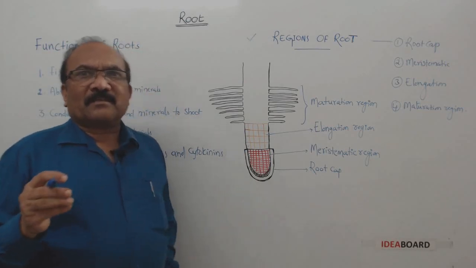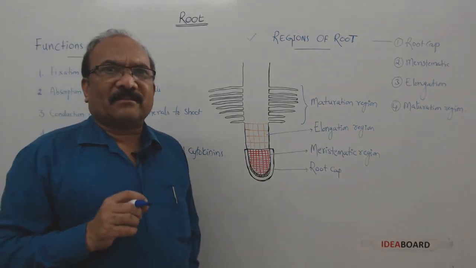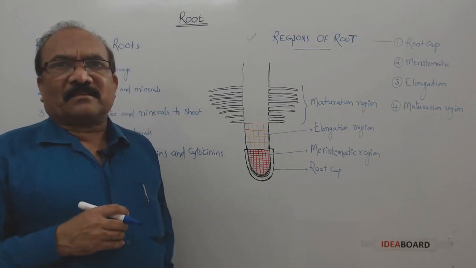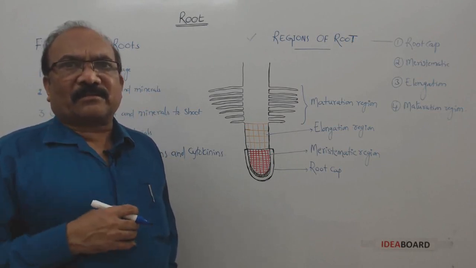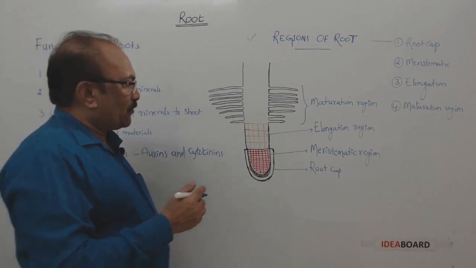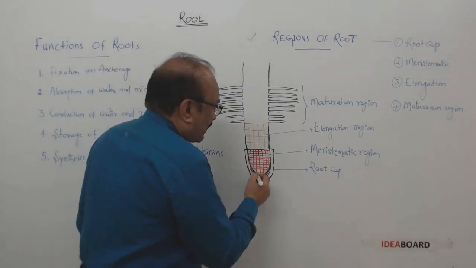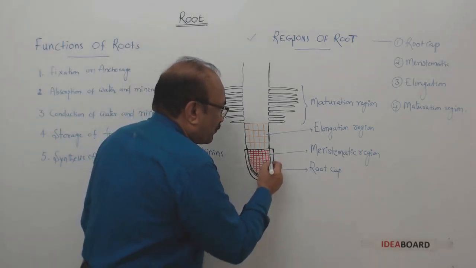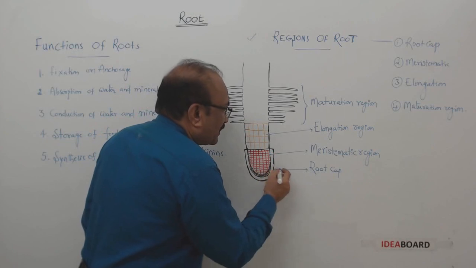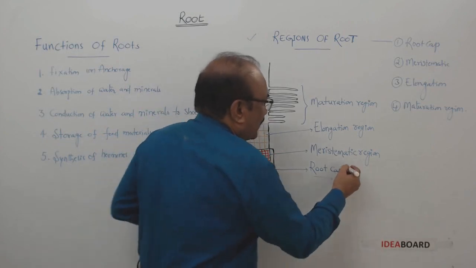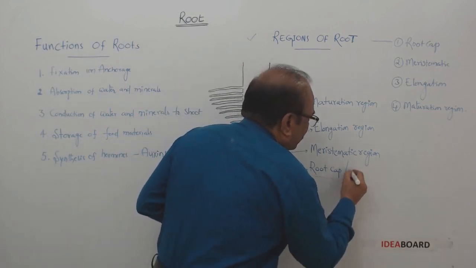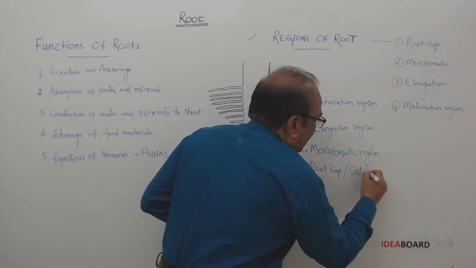These meristematic cells are tender, soft cells, and they require protection. That's why you will find a cap, a protective layer, and that is called the root cap or calyptra.